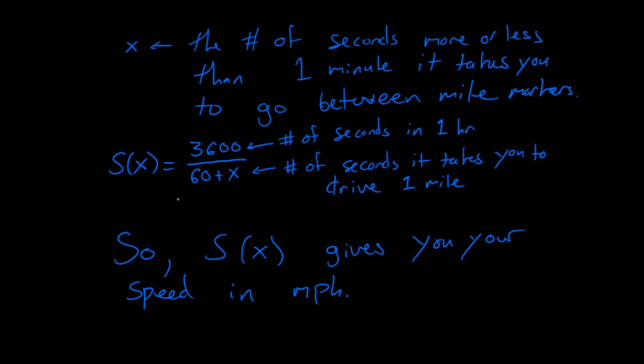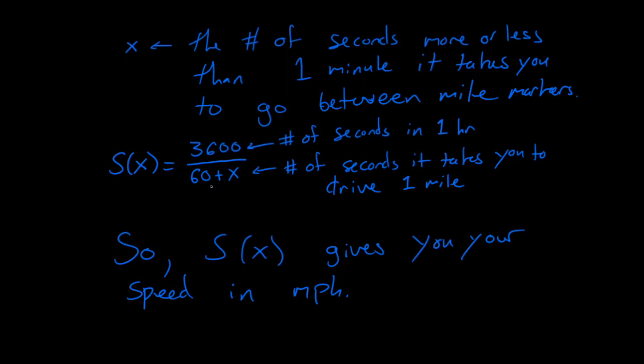So if I'm going 1 mile in, say, 57 seconds, if I get there quicker than 1 minute, then if I plug in s of -3, since I'm getting there faster than the 60 seconds, in 57 seconds, then I get out about 63.